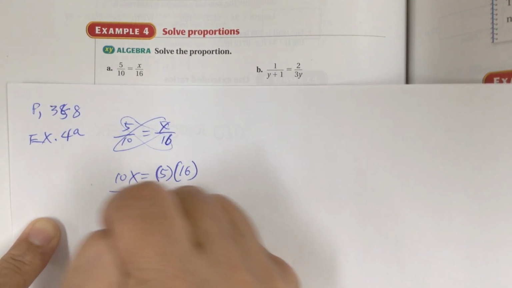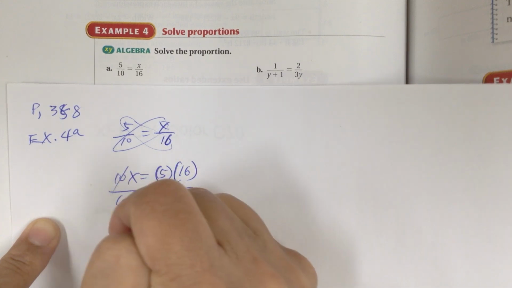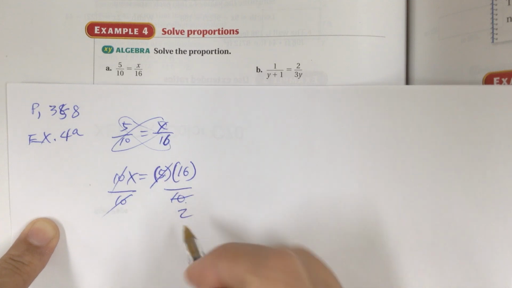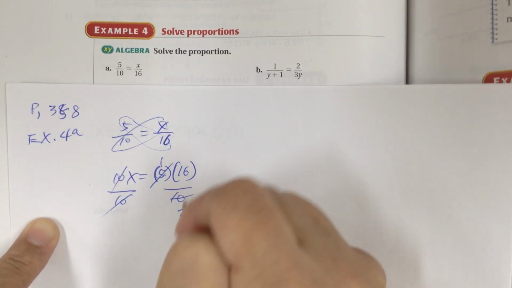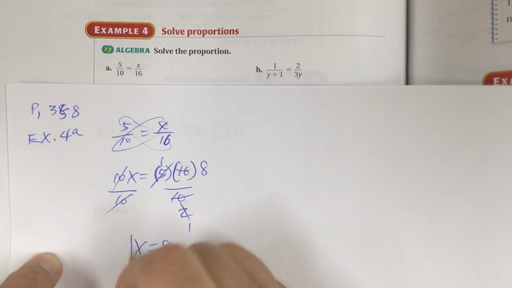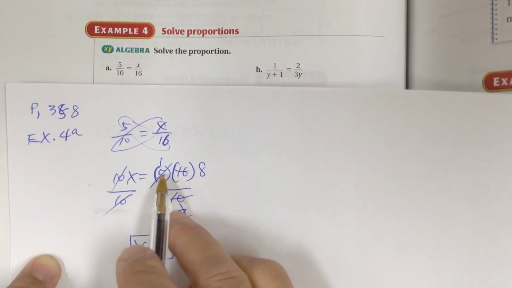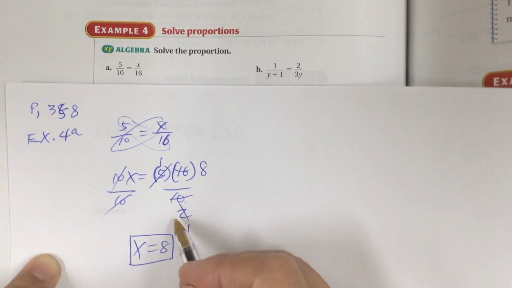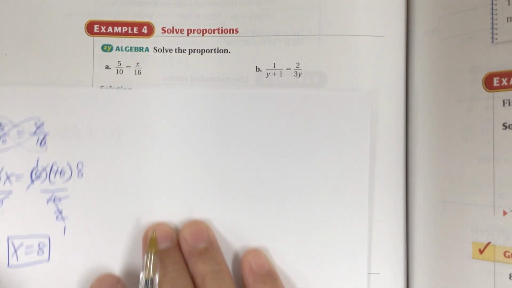What you want to do to solve is divide both sides by 10. So this will cancel out, and you can just reduce. So 5 and 10 can cancel, reduce by 2, and then 2 and 16 can divide. So x will equal 8. Don't waste your time multiplying out into a big, huge number and then having to reduce. You're doing double work, so you don't want to do that.